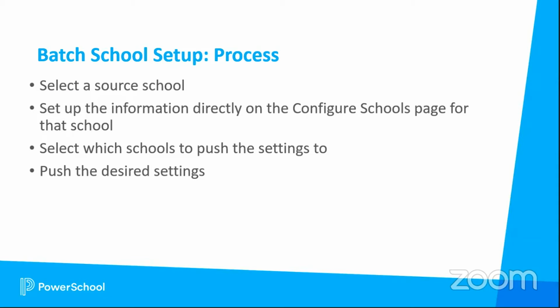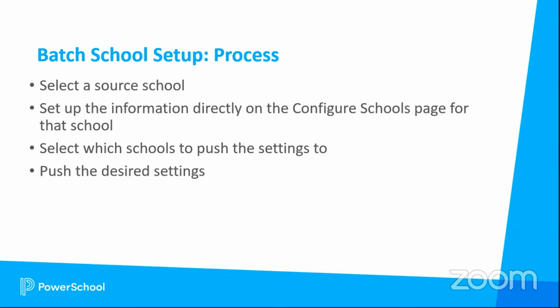The process works the same for most of the items. You select your source school, and that is the school that you're going to put, if we're working with years and terms, the years and terms for that school in, and then you're setting that up just like you were on school setup and putting in years and terms for their school.